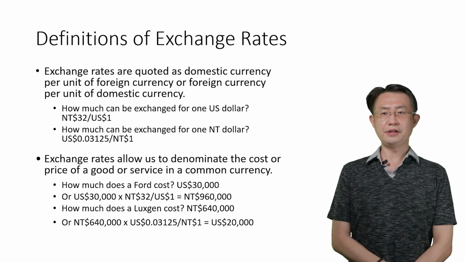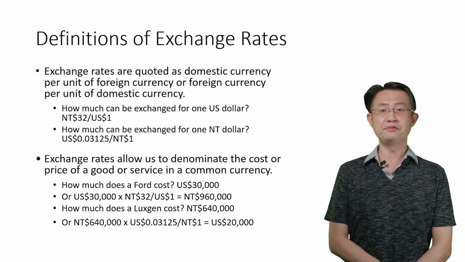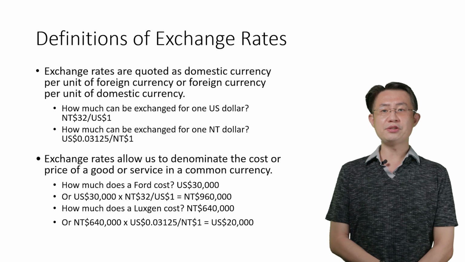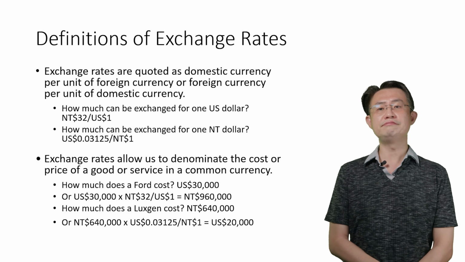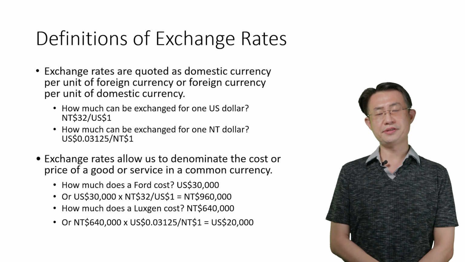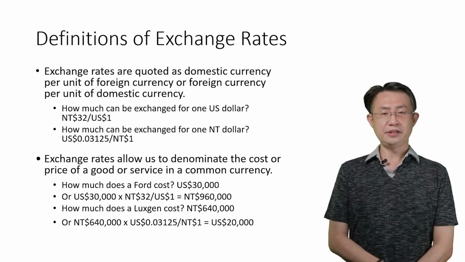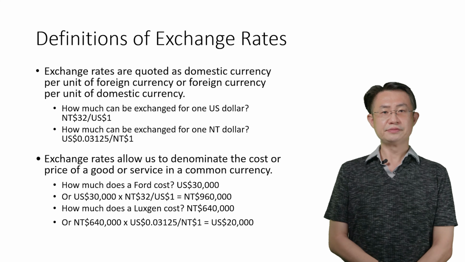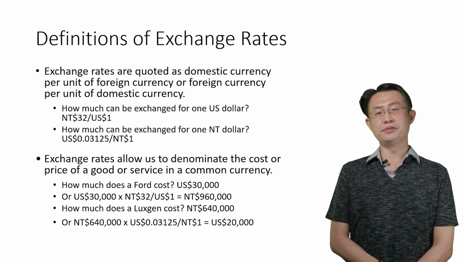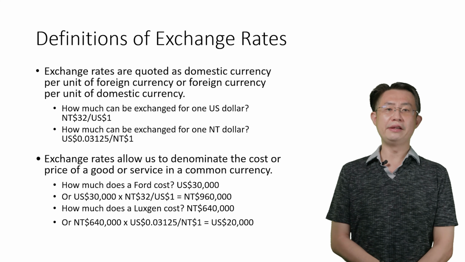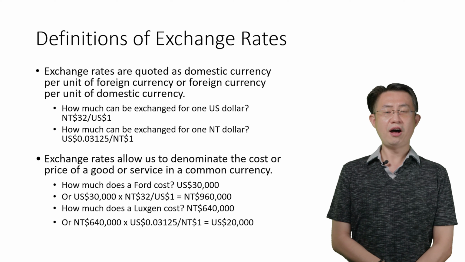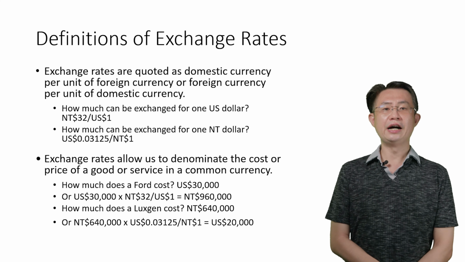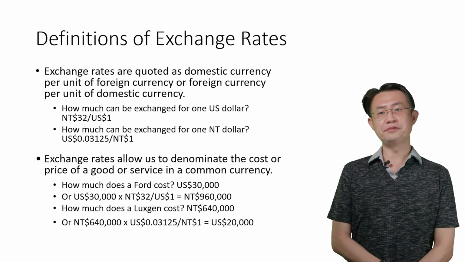So if we want to figure out the price of the Ford SUV, if the Ford SUV costs 30,000 US dollars in the US, okay? Now the Ford company wants to export the Ford SUV to Taiwan and sell to Taiwanese. So how much do we have to pay to buy the Ford SUV, right?